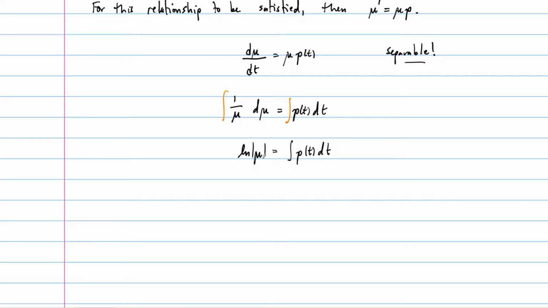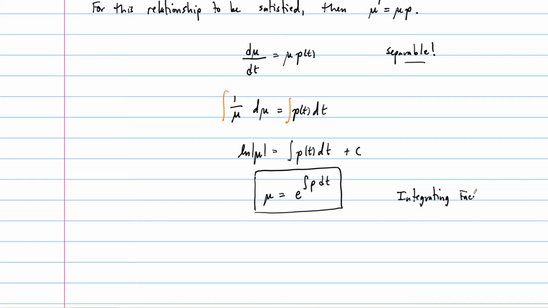And then we want to solve for mu. By the way, there's a plus c here, but we just need any mu that's going to satisfy this relationship. And so we have to exponentiate. So mu is going to equal e to the integral of p dt. I'm going to choose c to be 0 because we can choose any c that we want. All right, so this function right here is called the integrating factor.